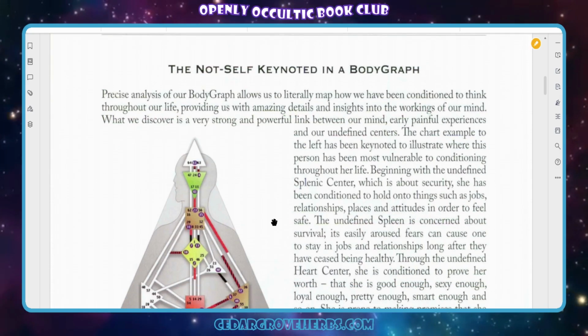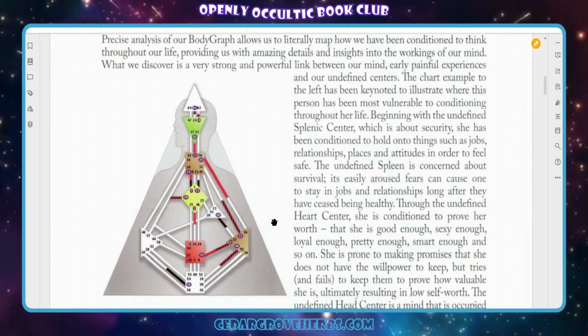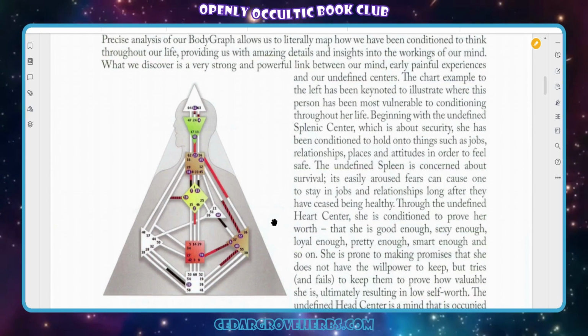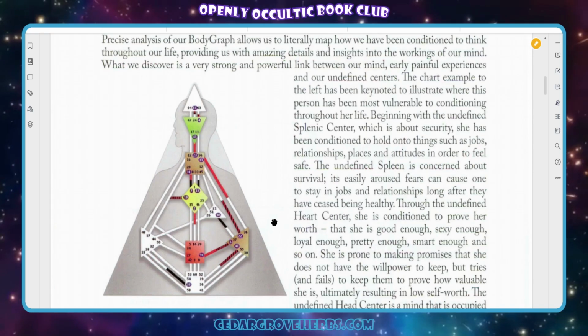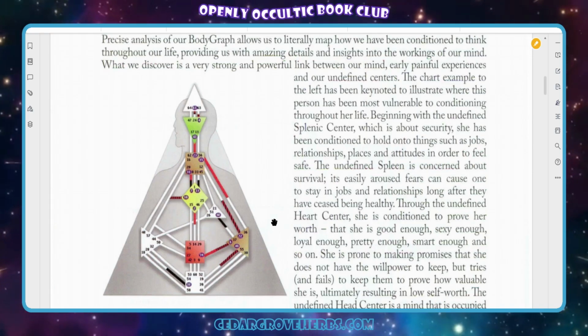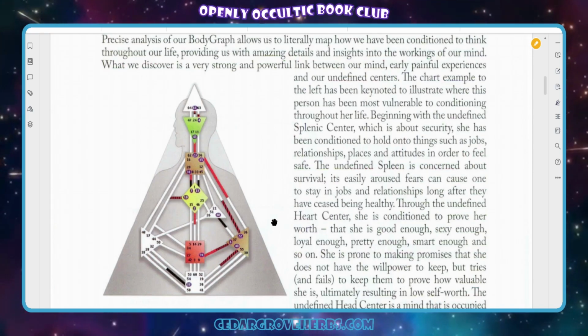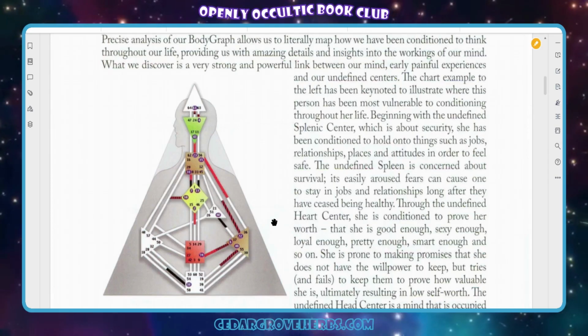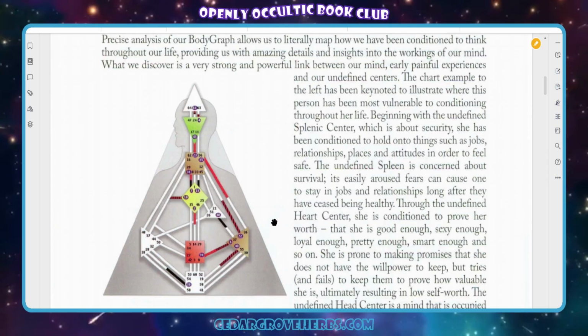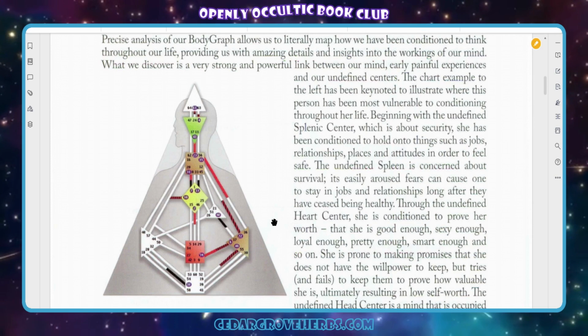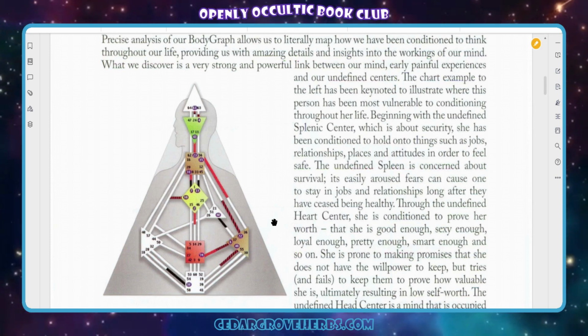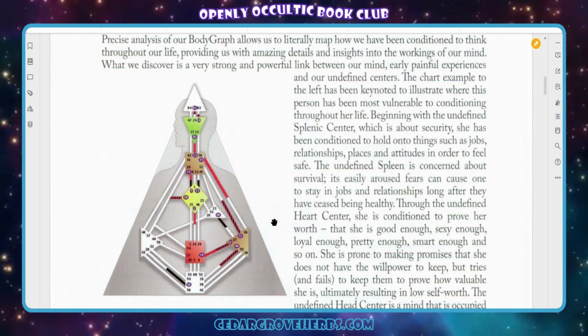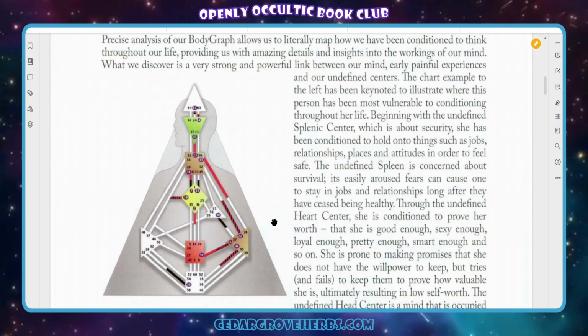The chart example to the left has been keynoted to illustrate where this person has been most vulnerable to conditioning throughout her life, beginning with the undefined splenic center, which is about security. Hers is open and not defined or colored in on this body graph right here.